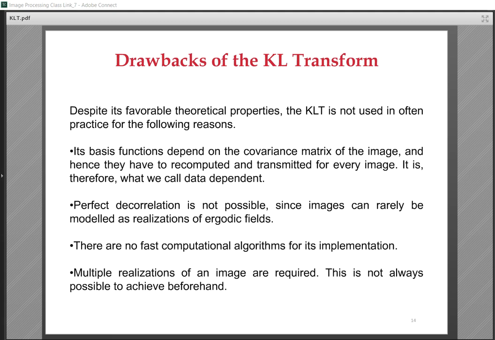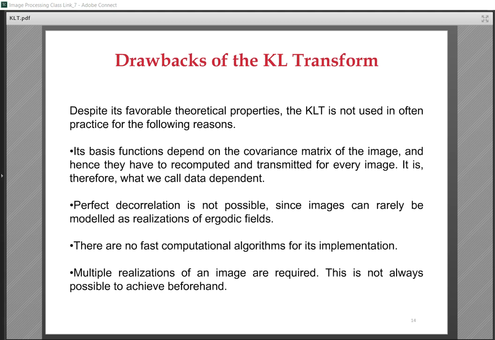We saw that if our random variables were from an ergodic process, we could tend to these results. But our images aren't from independent sources.